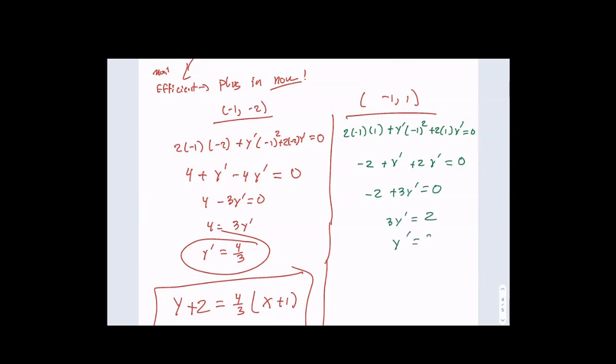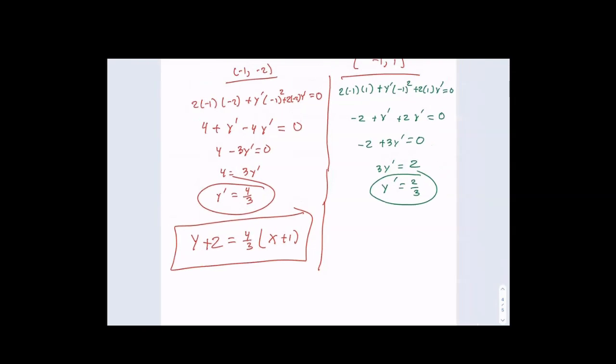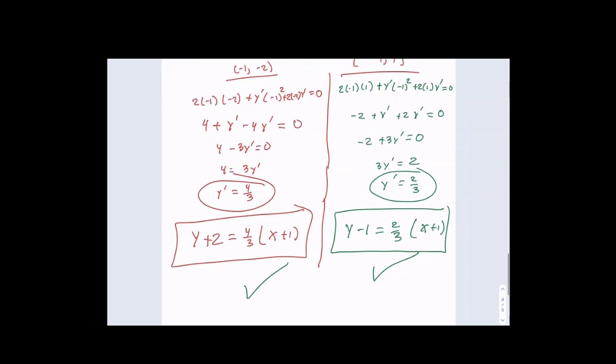So y prime equals 2 over 3, which gives me my second answer: y minus 1 equals 2 over 3, parentheses, x plus 1. Two answers.